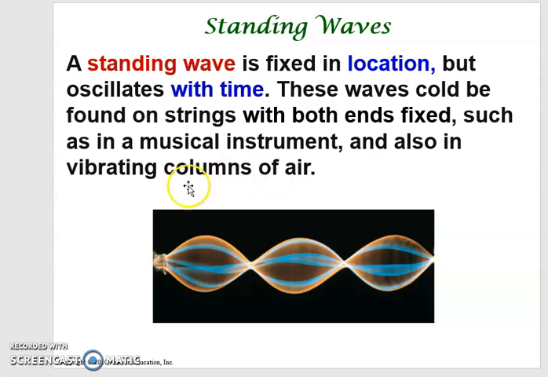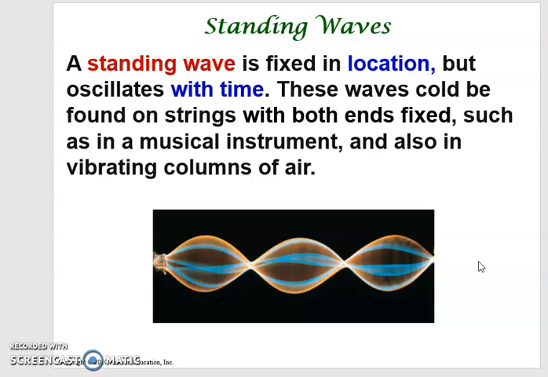For example, you can see from the diagram I show you here. This is a string with both ends fixed. Now if you provide the correct frequency, you will have the wave standing there without moving. But intrinsically, they are still vibrating and oscillating with time.